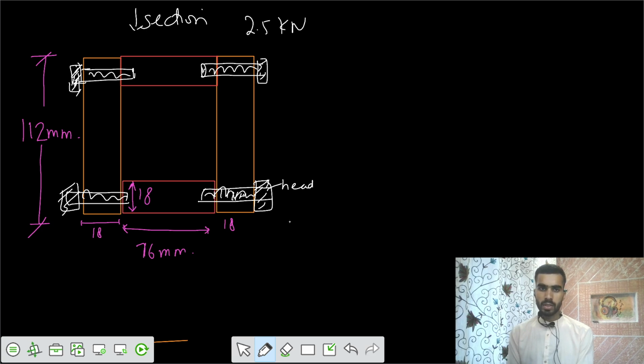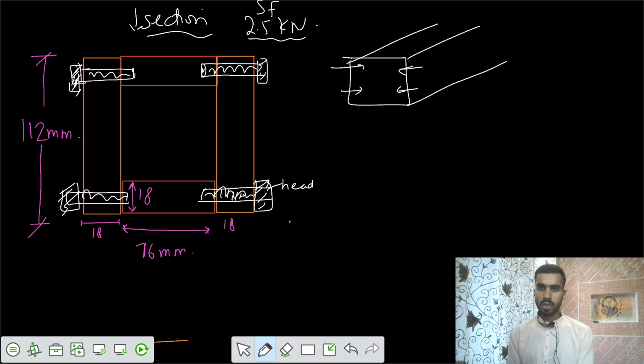2.5 kilonewton. This is some section, and we have applied a shear force of 2.5 kilonewton. And we have the spacing between those bolts in the longitudinal direction, which is 44 millimeter.